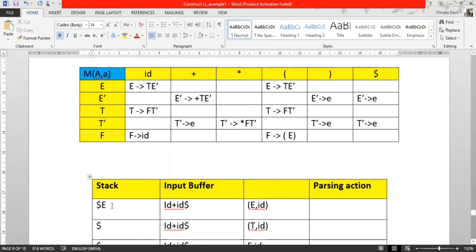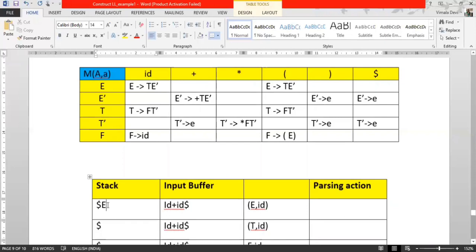The stack contains the start symbol because from the root of the parse tree, the parsing or the derivation of the string begins. It is a top-down parser. So always the stack contains the start symbol of the grammar. In the input buffer, the string given is id plus id star id. This is the string being given, right?